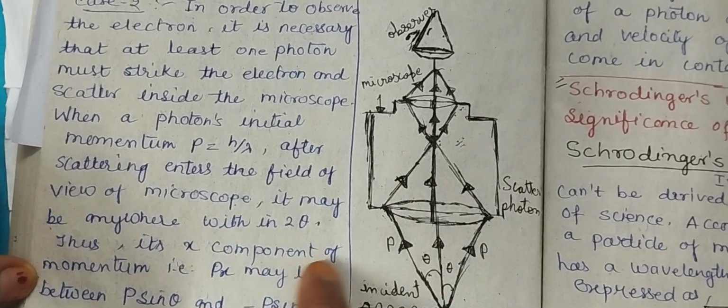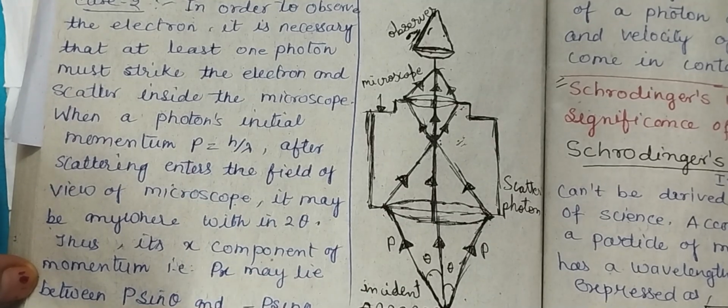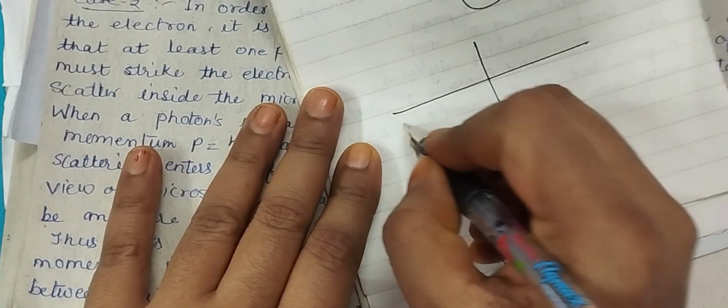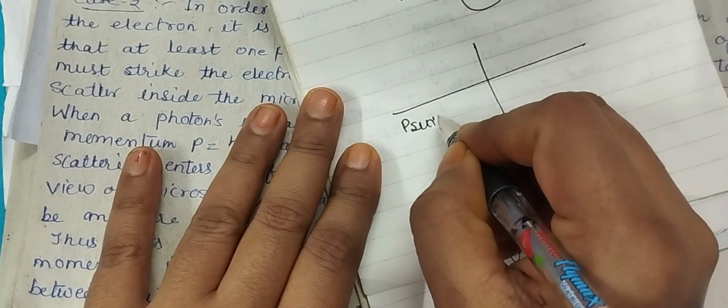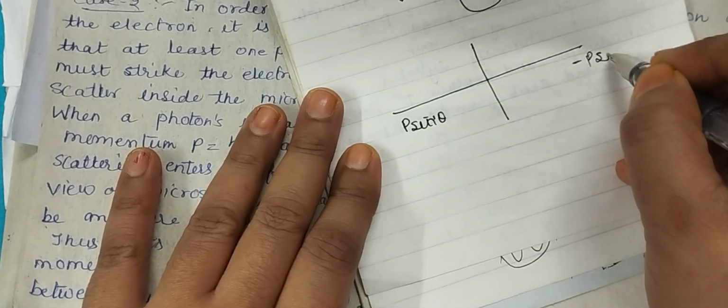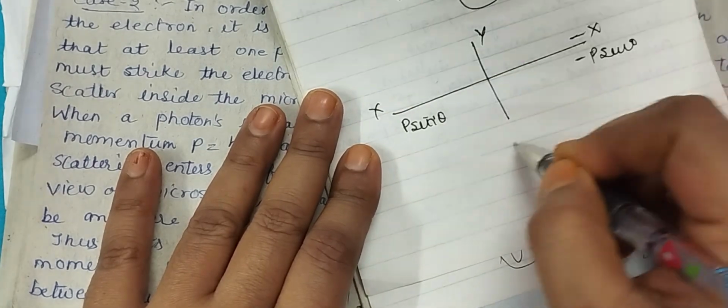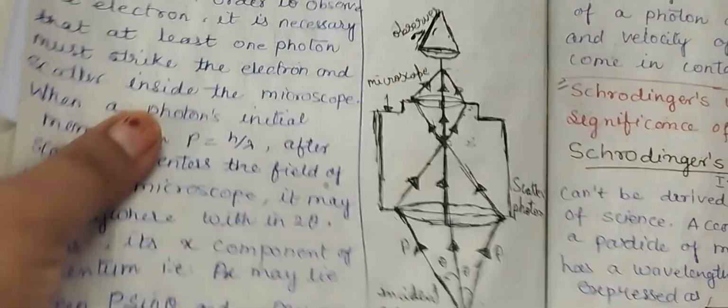Thus the x component of the momentum is given by px. It will be p sin theta minus p sin theta. We have such type of components. Here we have p sin theta, here we have minus p sin theta, x minus x, y minus y. Okay.